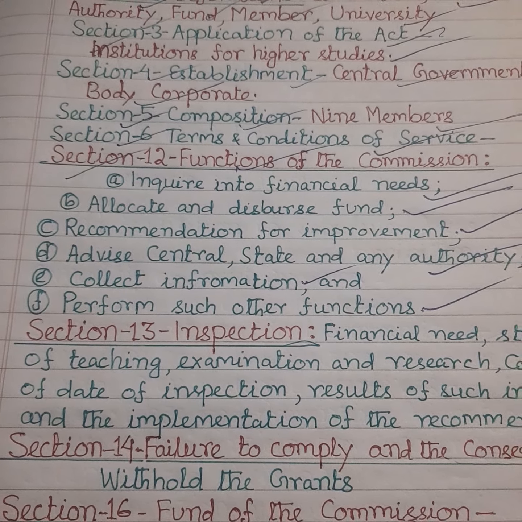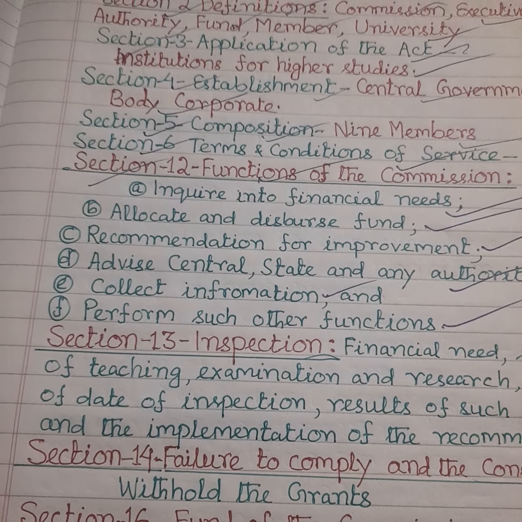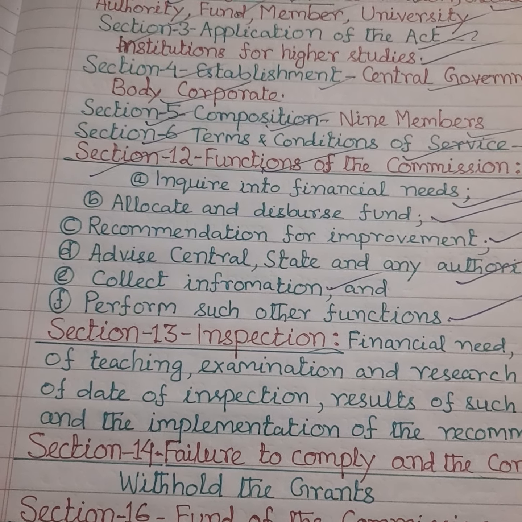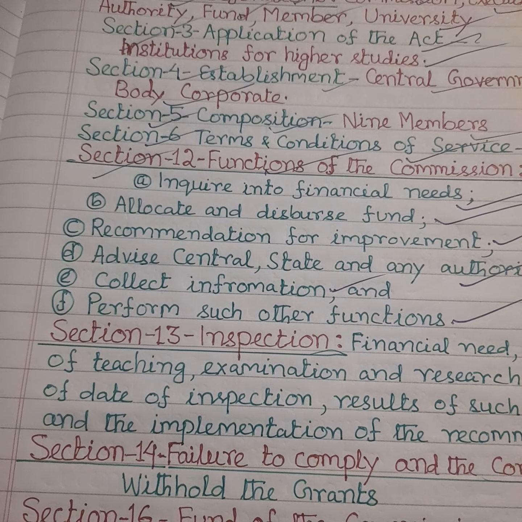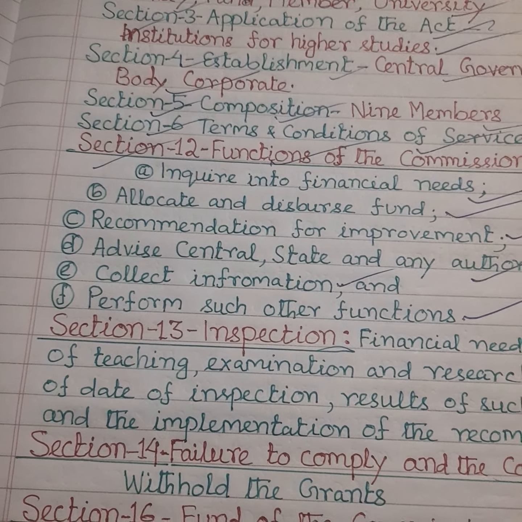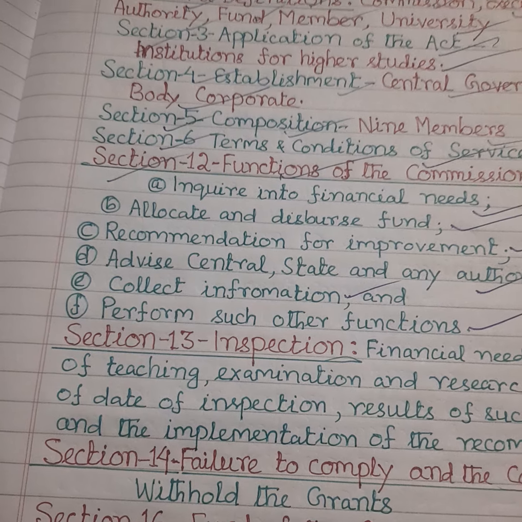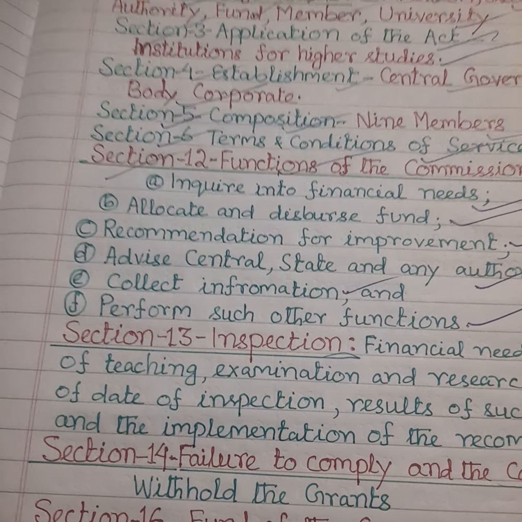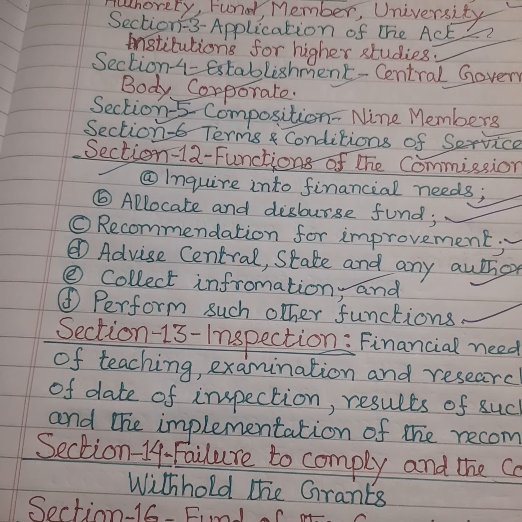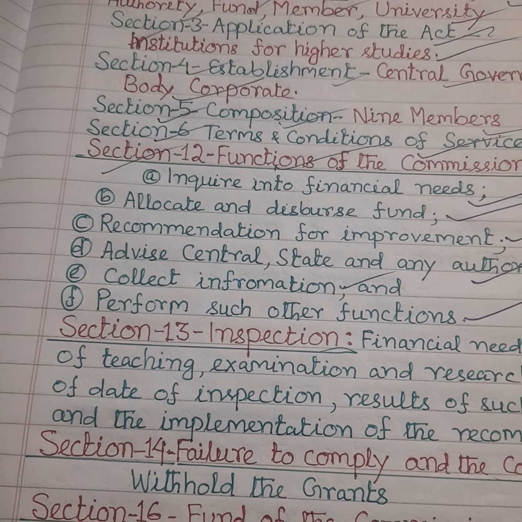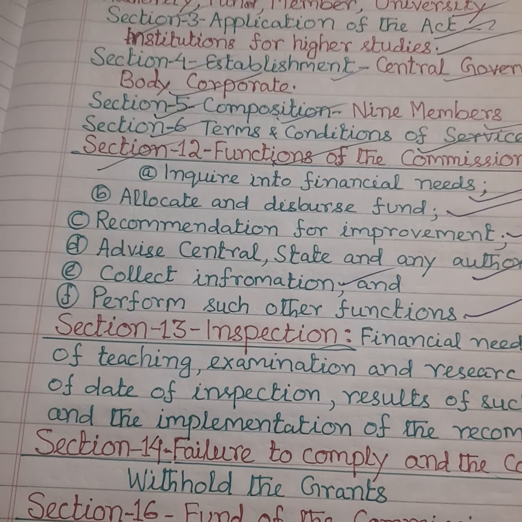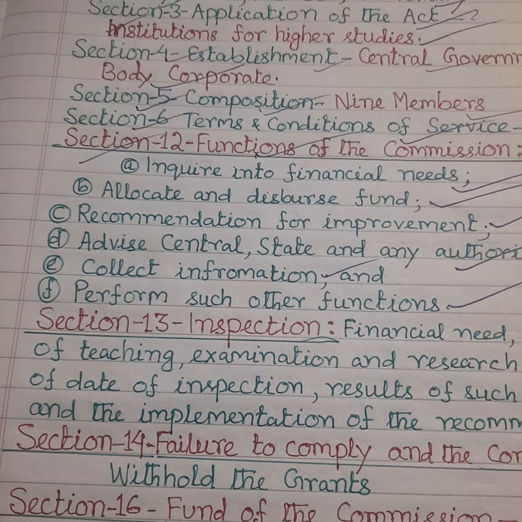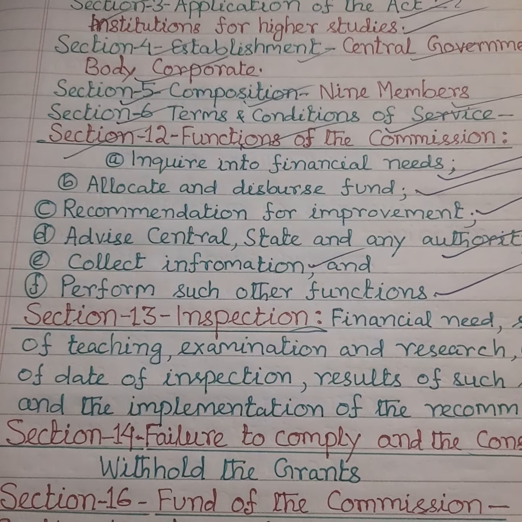Among these, it shall be the general duty of the Commission, in consultation with the universities or other bodies concerned, to take all such steps as it may think fit for the promotion and coordination of university education and for the determination and maintenance of standards of teaching, examination, and research in universities, and for the purpose of performing its functions under this Act.